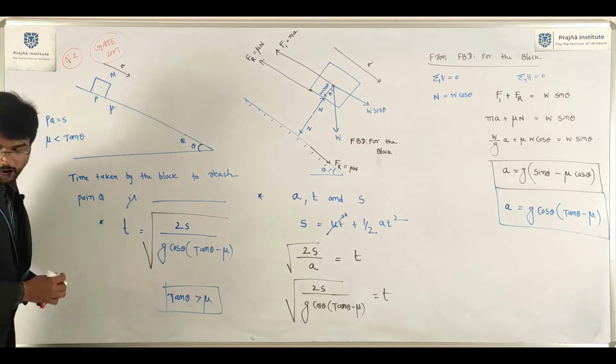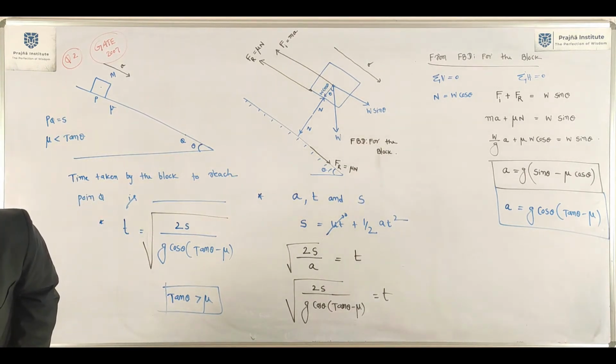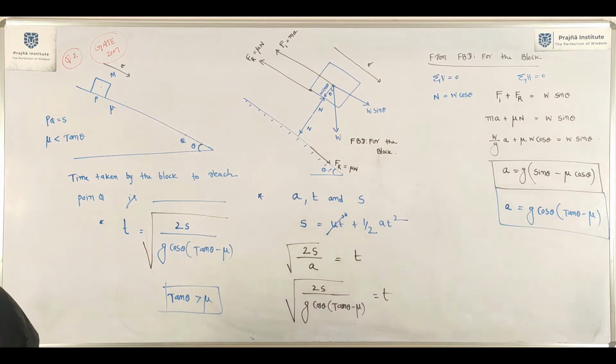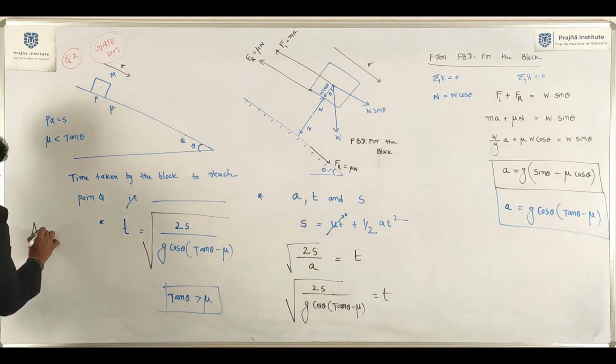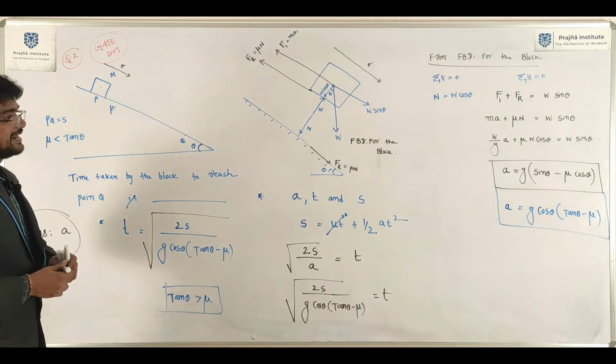So the option square root of 2s by g cos theta into tan theta minus mu, option A, is correct. It came in GATE 2007. Answer is A. Understood now?